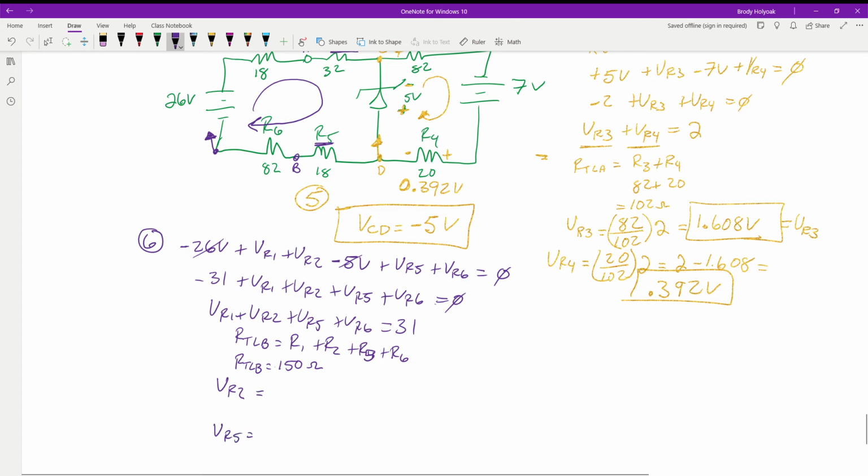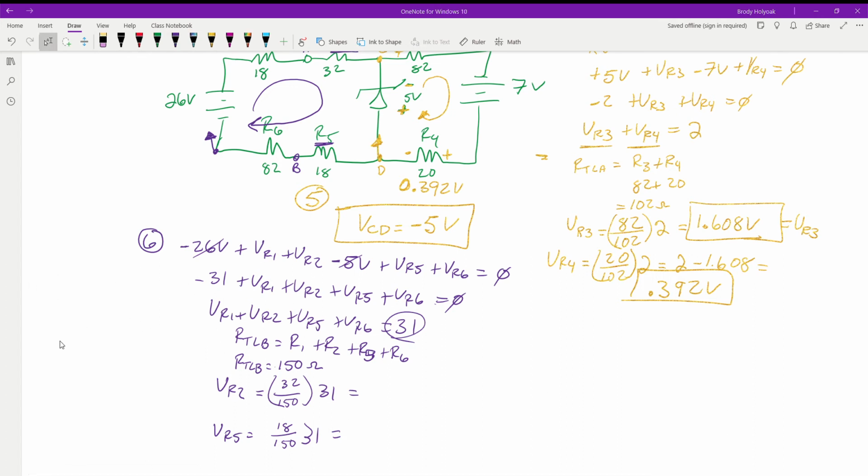We can solve for R1 and R6, but we're not really going to be using them, so there's really no need to solve them at this point. So VR2 is going to be equal to the 32 ohms divided by the 150 multiplied by this 31, because this is what's available to all four of these resistors. And then for VR5, we're going to take the 18 over the 150 multiplied by our 31.